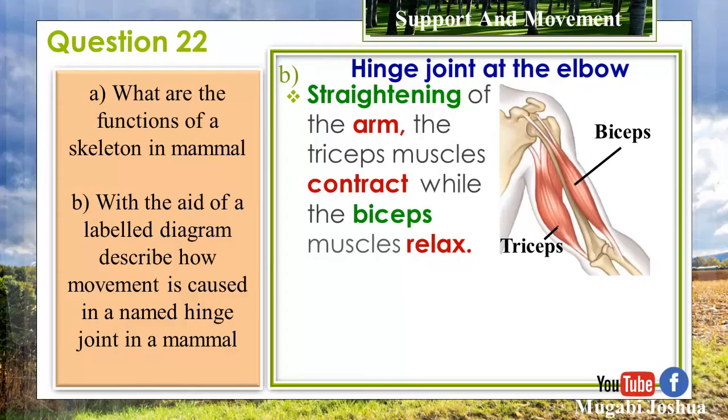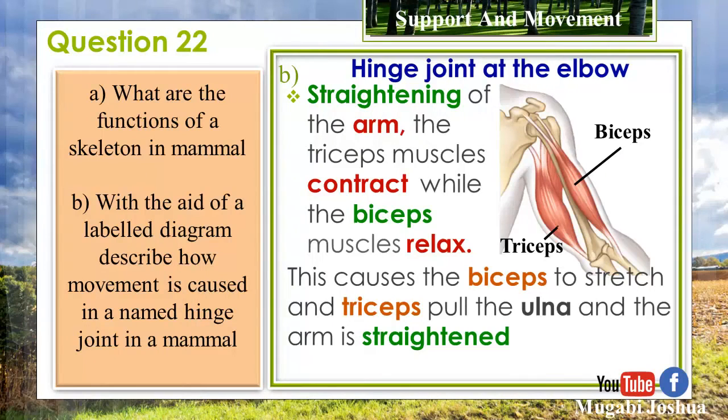So, when straightening the arm, the triceps muscles contract, while the biceps muscles relax. If you look clearly, you will see that the triceps muscles are contracting because they have become thicker, and the biceps muscles have relaxed because they have become very thin. This shows that there is contraction in the triceps and relaxation in the biceps.